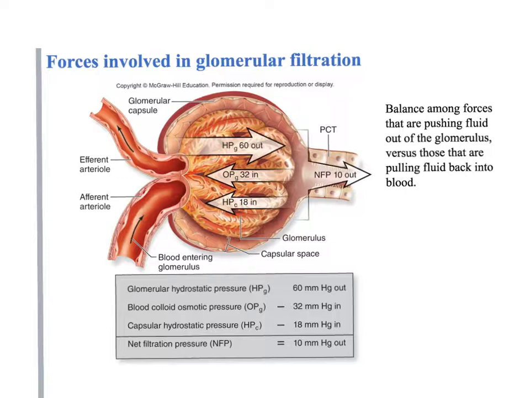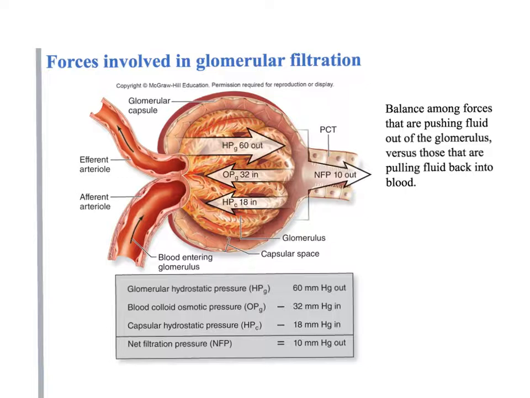Okay? Those 2 pressures are also present here, with an added pressure. So hydrostatic pressure is going to force fluid out. It's about 60 millimeters of mercury, right? So that's the measurement. That's the pressure of the blood flowing in. It's going to push fluid out of the glomerulus.